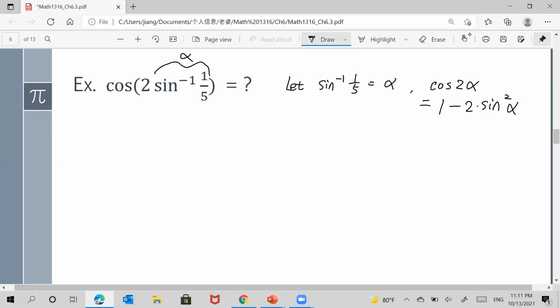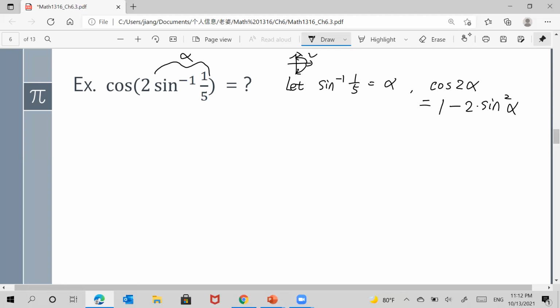So here we have the inverse sine of 1 over 5 is alpha. We have learned that for the inverse sine, we only choose the angle from here to here. This is positive, it's in the first quadrant. So actually, there's no need to tell you where alpha is.